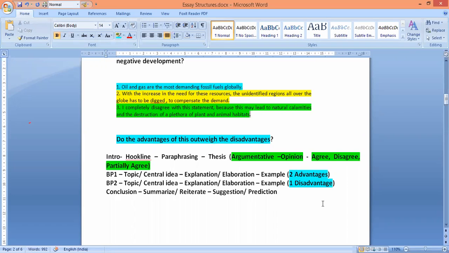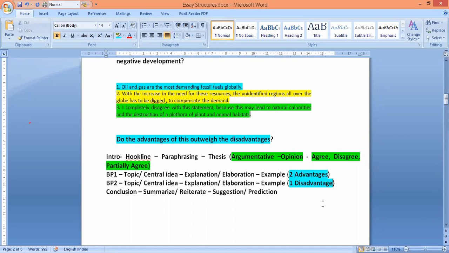In this one, it's mentioned: do advantages outweigh the disadvantages? It's the plural form of disadvantages, but one disadvantage is fine, or we can say it has only one disadvantage. It has more advantages, fewer disadvantages, so it will not make any difference.